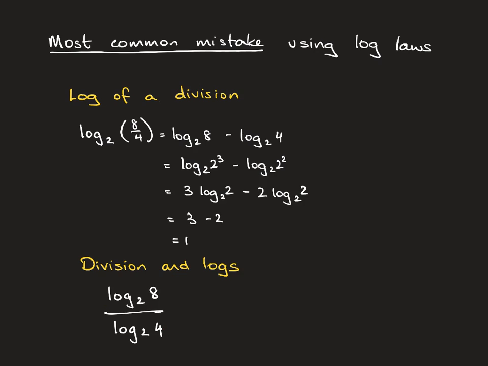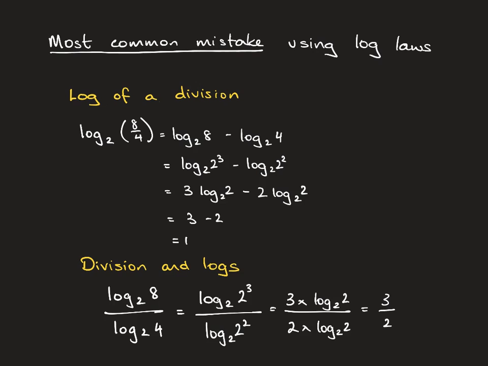So they apply the log law that we've applied here, and write log to the base 2 of 4, because 8 minus 4 is 4, which is completely incorrect. What you actually need to do is simplify the top line and simplify the bottom line.